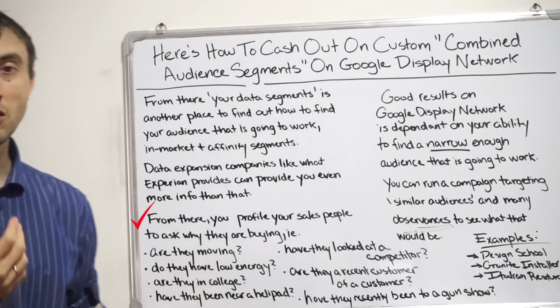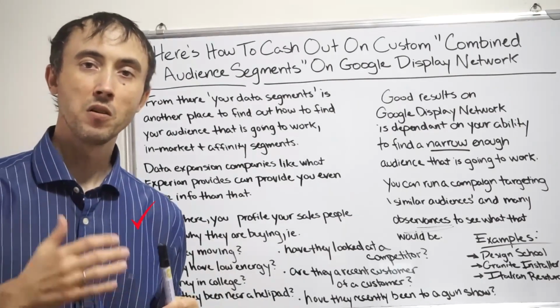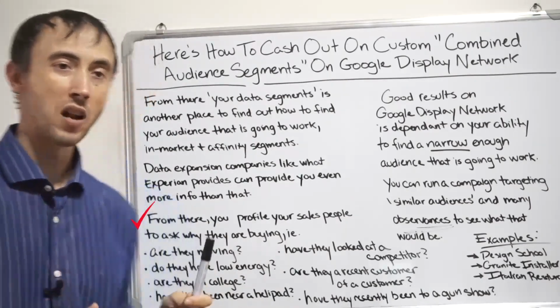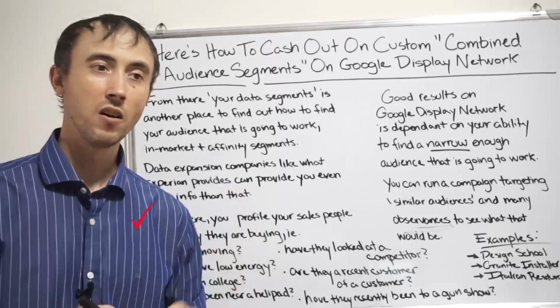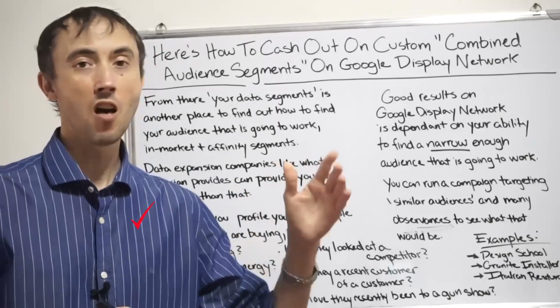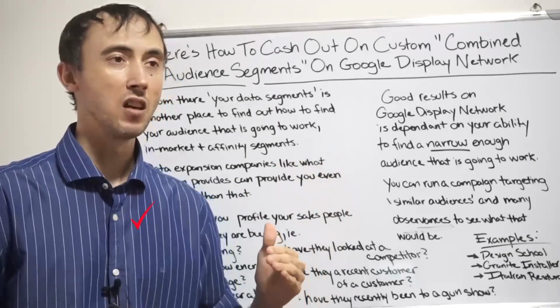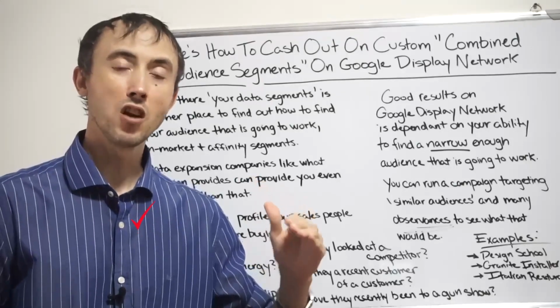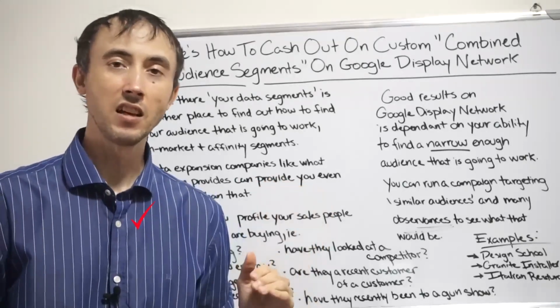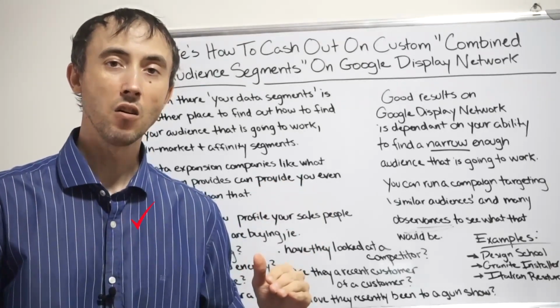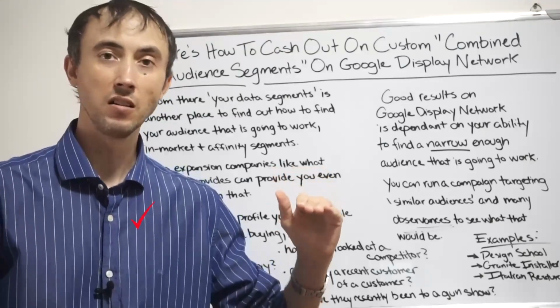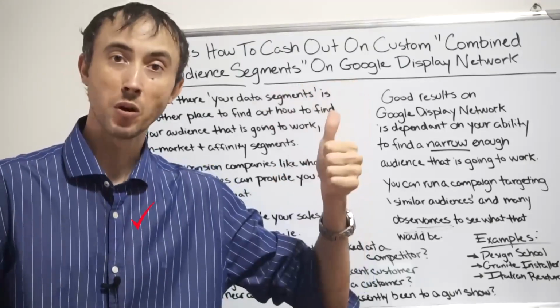Are they in college? Is that a marker for somebody who typically buys your product or service at a high rate? What you're ultimately looking for here is, if they're in college, are they more likely or less likely than average to buy? Okay, more likely. Well, how much more likely? 10 times more likely? Okay, that's perfect.